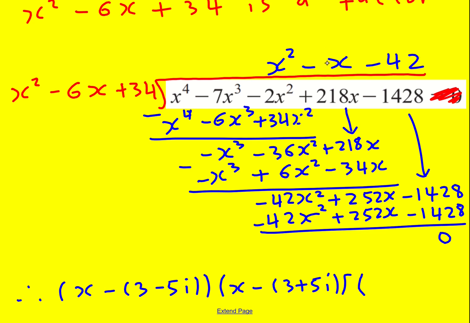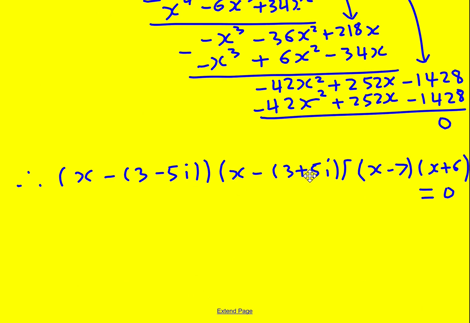This is going to give me minus 7 and plus 6. There we go, that's my fully factorized quartic.